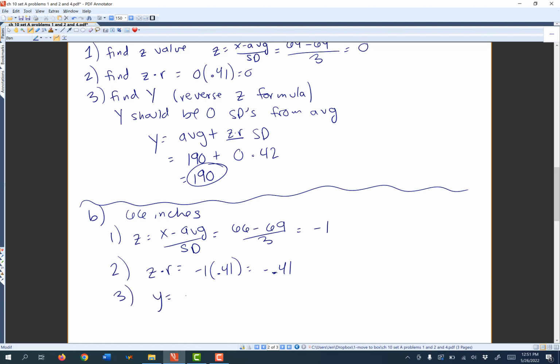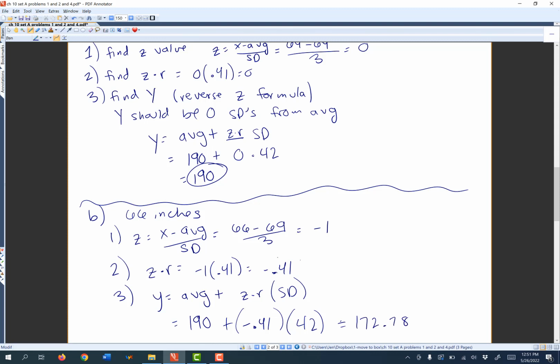Step 3, we're going to find Y. Y is going to be equal to our average plus that Z times R that we found in step 2 times the standard deviation. So let's see, my average for Y is 190 plus -0.41 times the standard deviation of 42, which gives me 172.78.